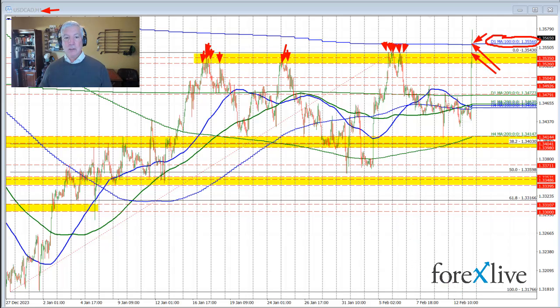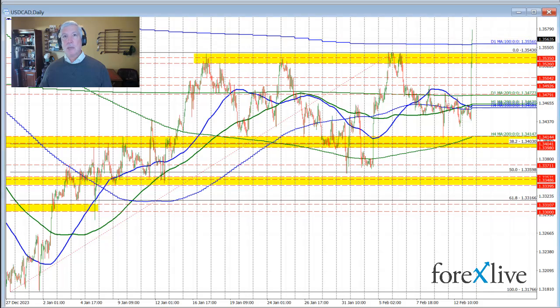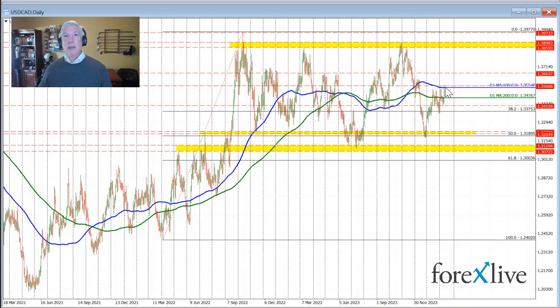Take a look at the daily chart for this pair. As far as targets go, this is where we sit right here. This is the highest level going back to December 14th, so mid-December. So we've seen these levels just a few months ago for this currency pair. The high prices in the month of December come in right around the 136.22 level, and that would be the next target on the topside.